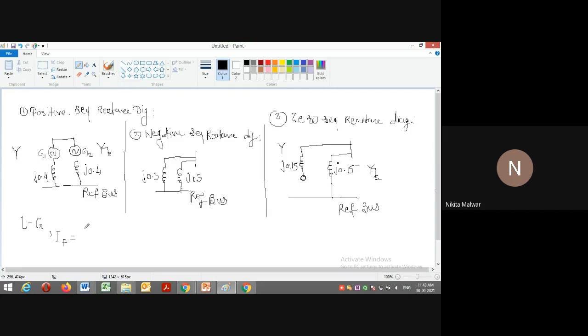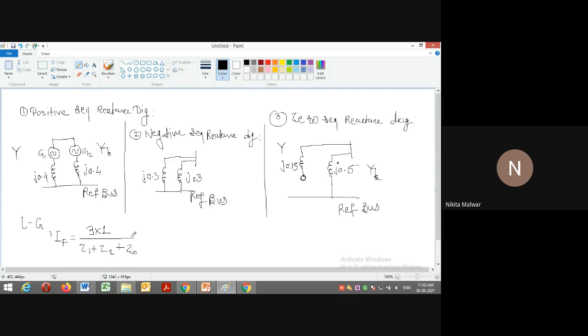According to the LG fault, your IF equation will be 3 into 1 divided by the total impedance, since it is considered for a three-phase connection. The total impedance is the positive sequence plus the negative sequence plus the zero sequence impedance.